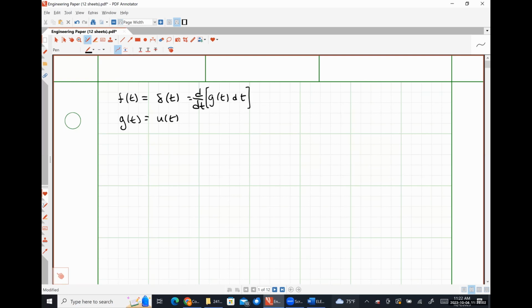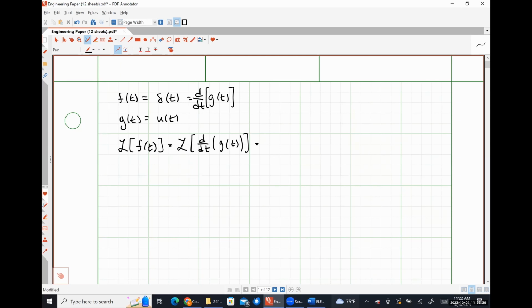Okay, so we're going to be using the derivative relationship. Would help if I looked at my notes. So the Laplace transform of our Dirac delta function is going to be the Laplace transform of the time derivative of g of t.